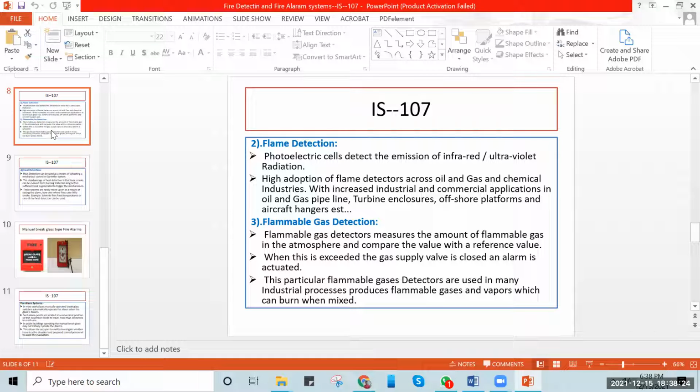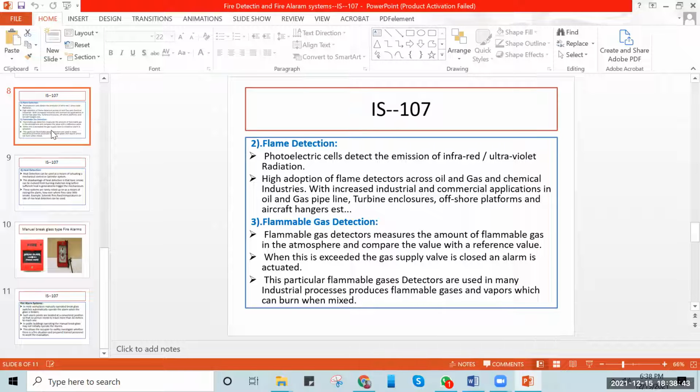The control room and even the fire department will get the information, because in case of flammable gas release, a fire can also happen. For that cause, the fire department will also get the information with these detections.